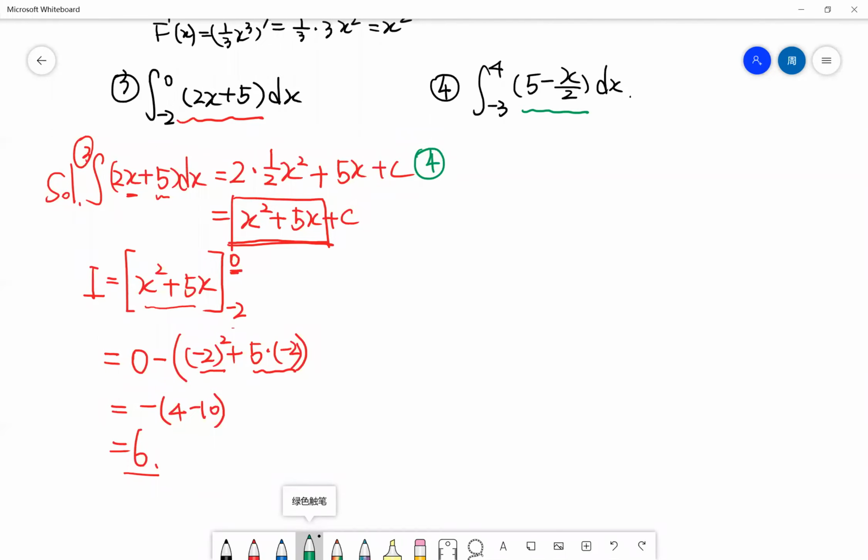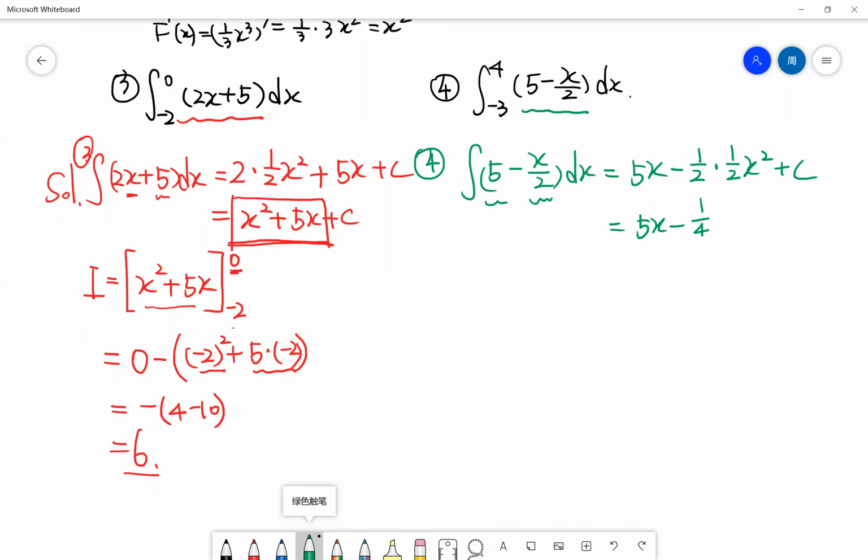So you can first calculate the integral of 5 minus x/2 dx, and we still use the power formula, right? For the first part, that is 5x, and then minus the second part, that is 1/2 times 1/2 x squared. So that should be 5x minus 1/4 x squared plus c. So this function is the antiderivative we want.